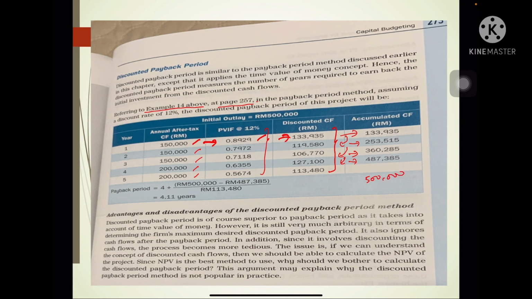So take the 500,000 minus 487,385, and then divide by 113,480. Where do you get the 4 years here? It means this is the cut-off point, and the extra will be here. After we do the calculation, we get 4.11 years.